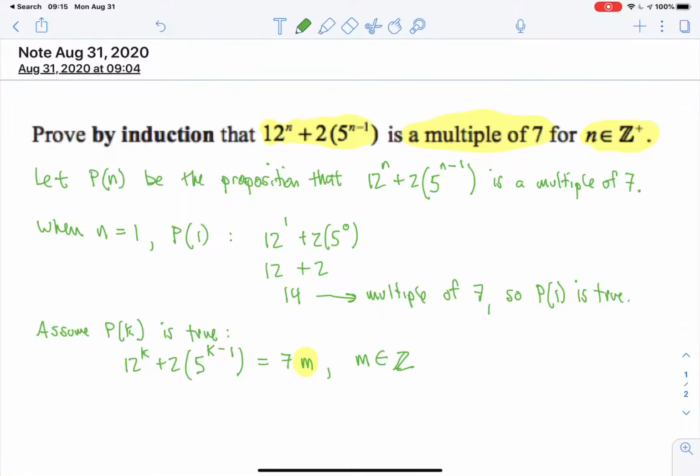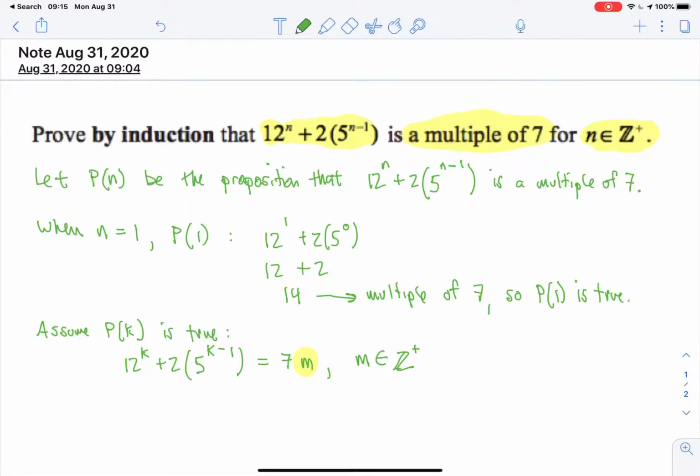And let's make sure that we are stating that it is positive integers. So 7 times some integer, we don't know what that integer is. We don't need to know. We just need to say specifically that it's 7 times some integer.